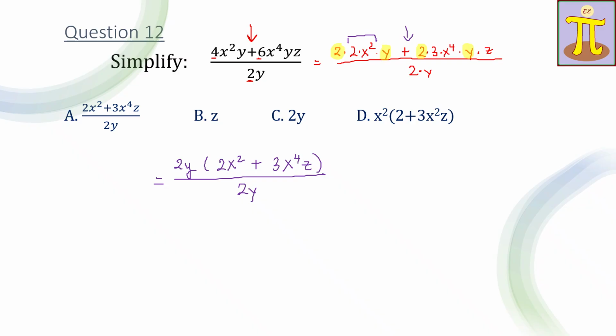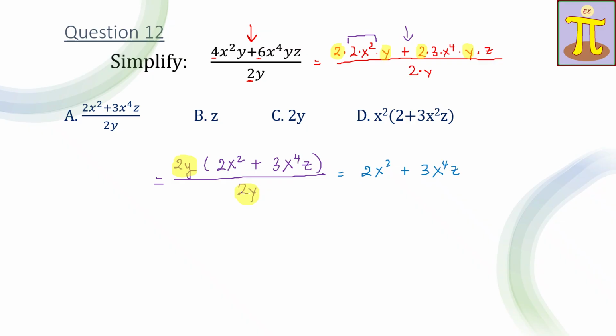Now we see that we have the common 2y on top and bottom. We can cancel it. And then this one equals 2x squared plus 3x to the power of 4 z.